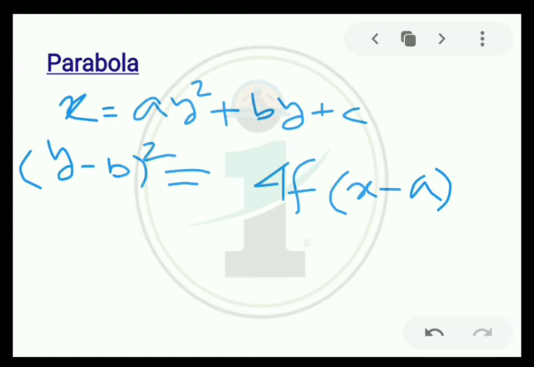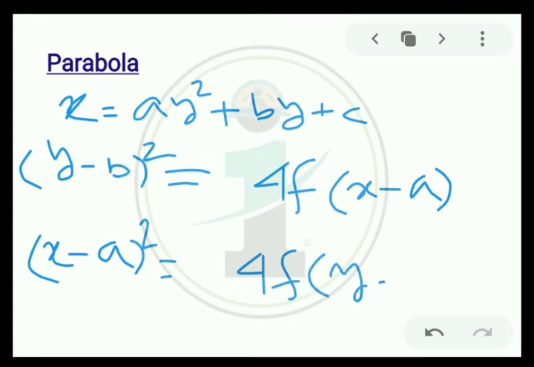So in general, this is the expression for a parabola along the x-axis, and as we have done, this is the expression for a parabola along the y-axis, maybe in positive or negative direction. So we can write it like this.